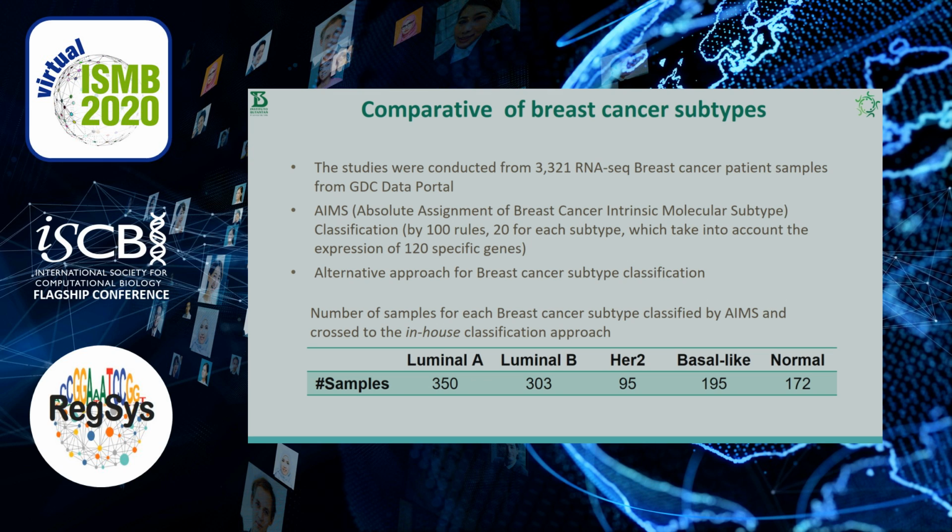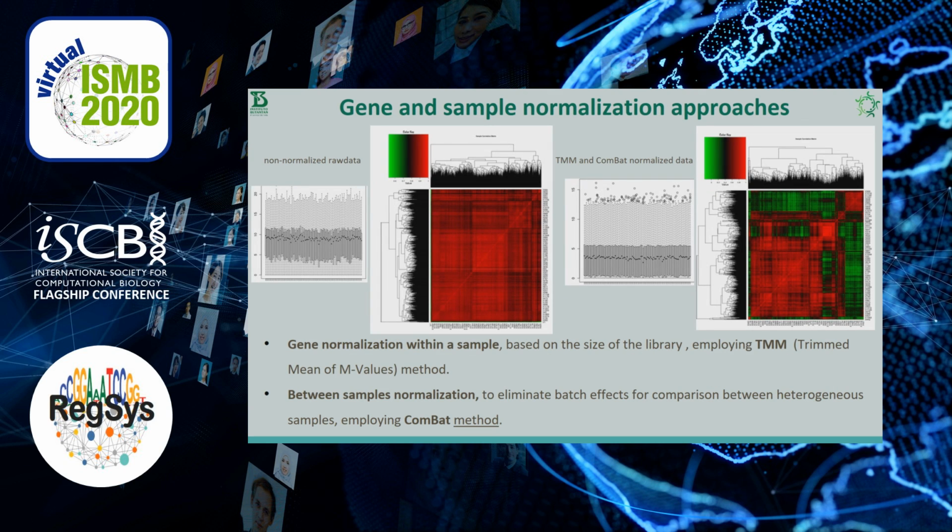In the end, we have produced in this table the total number of samples for each one of the subtypes, including the normal samples. With these classified samples, we can see on the left side the box plot with a higher variation of expression profile between the samples, and in this heat map of expression correlation, we cannot see a good separation for each sample. So, based on that, we have applied 2 approaches of normalization.